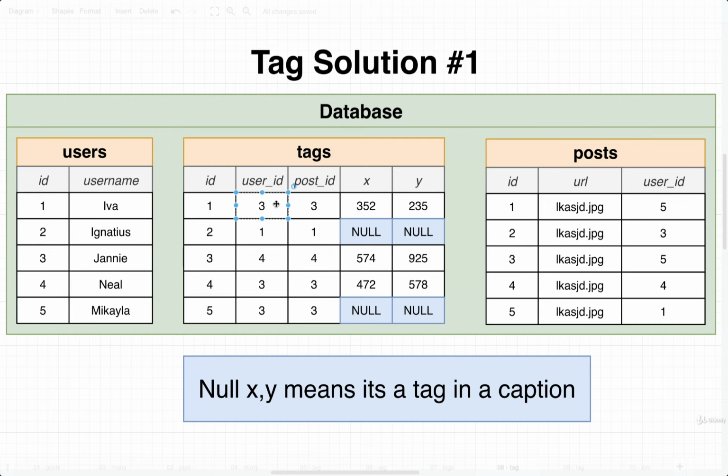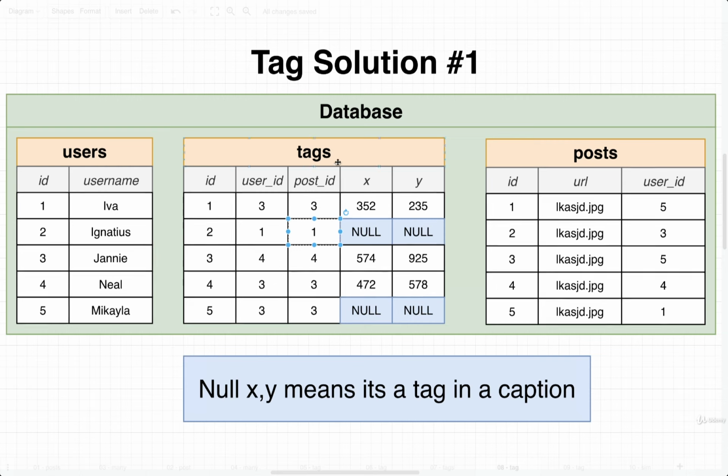We'll provide the ID of the user who was mentioned, the ID of the post that the mention was added to, and then the X and Y coordinate of the mention inside the photo. So same thing we discussed just a moment ago. And then maybe if we ever add in a mention to a user inside of a caption, we could just set the X and Y values to null, which is a sign to you and I that this is a tag that occurred in a caption as opposed to a photo.